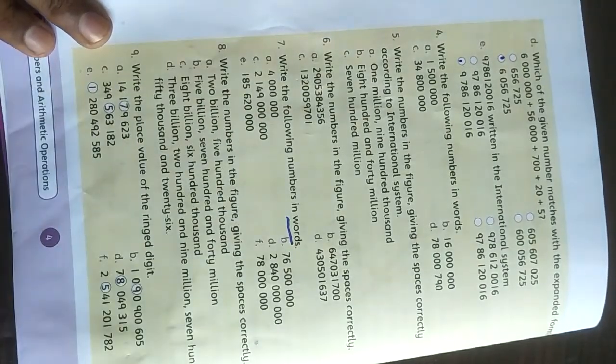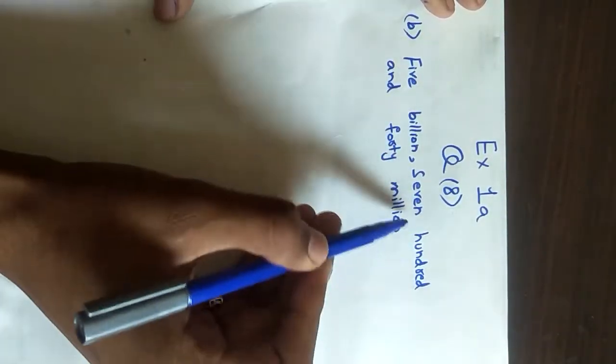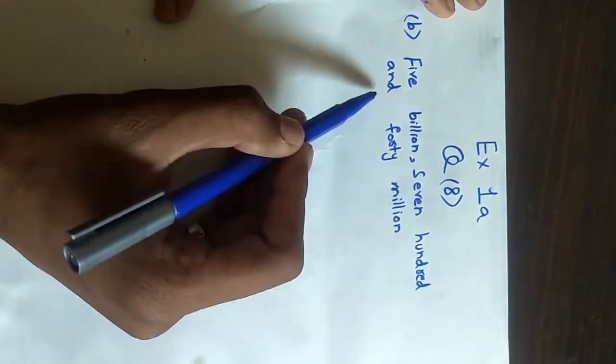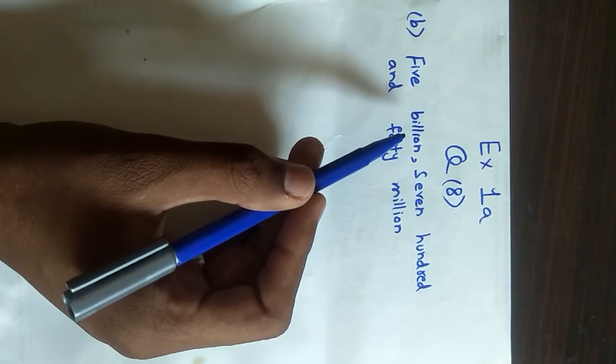Okay, so let's start. So students, we have taken part B, 5,740,000,000. 5 billion means this is a 10-digit number.